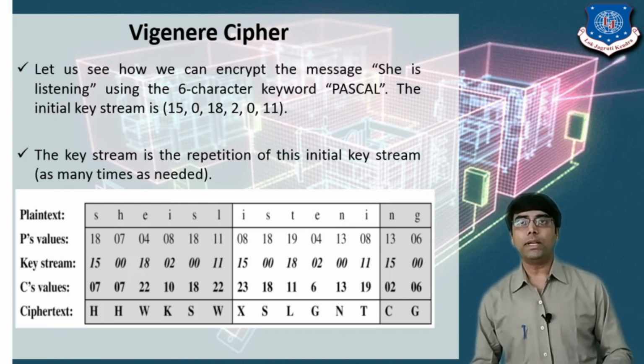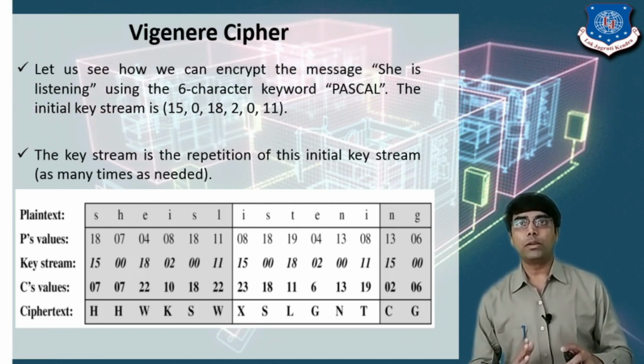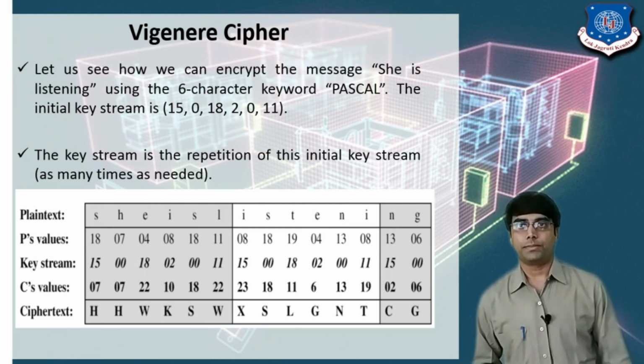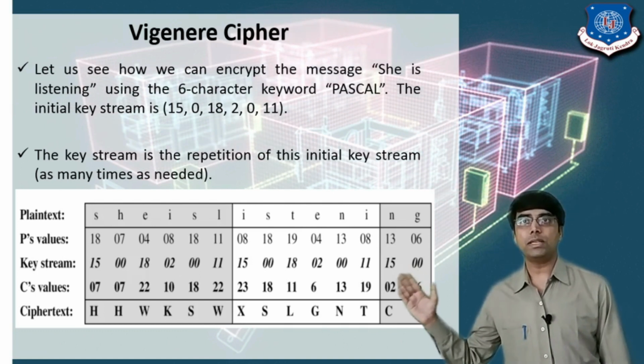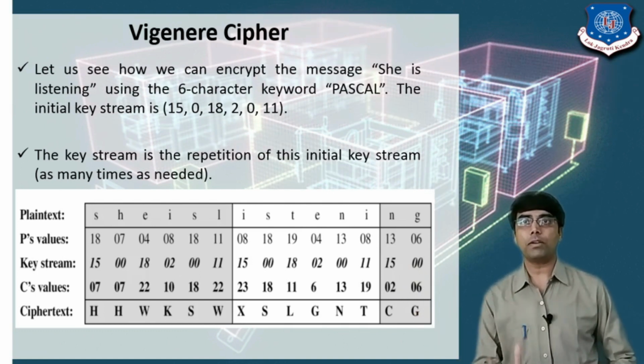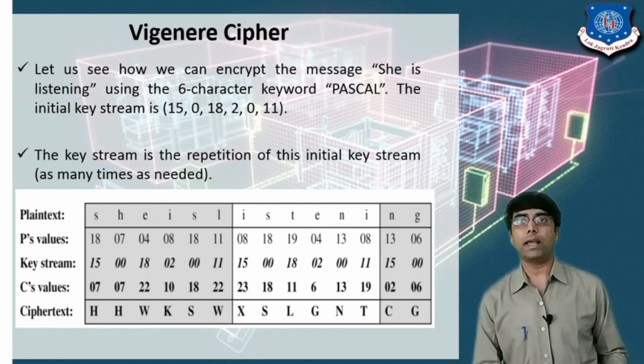That's why we need to split the plain text message into groups of 6. So SHEISL is the first group of plain text, the second group is ISTENI, and the last is NG.